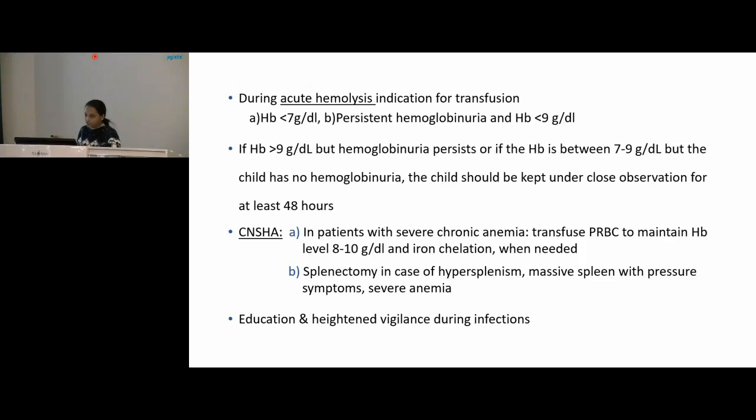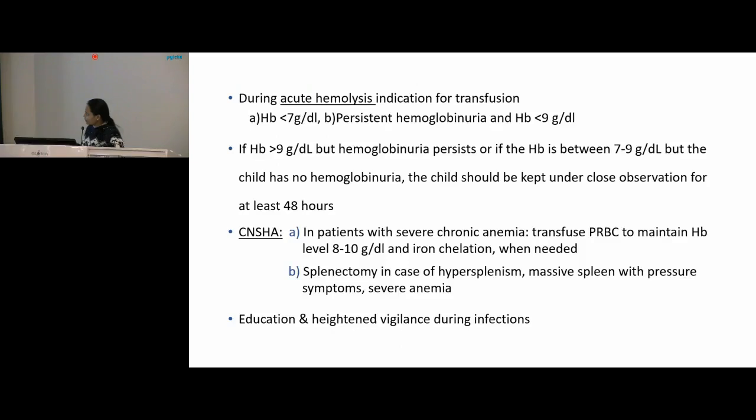The child needs to be observed, if the hemoglobin is more than 9 but hemoglobinuria is persisting, or if the hemoglobin is between 7 and 9 gram per deciliter but the child has no hemoglobinuria. You should observe the child for at least 48 hours, because it is very well known that if you discharge, the hemoglobin drops again and the child can come in failure, and anything can happen.